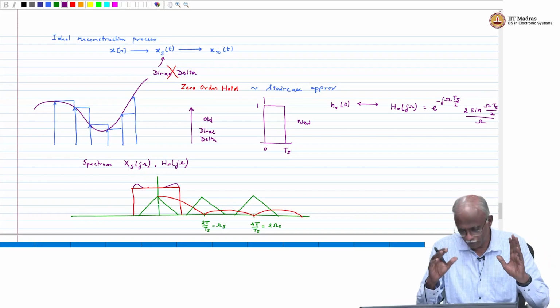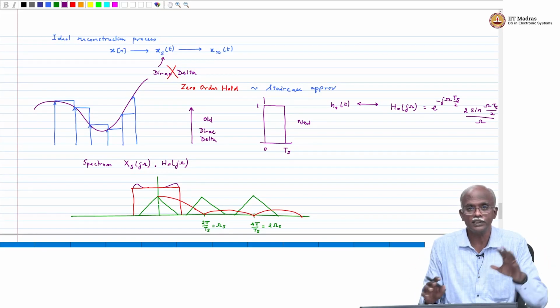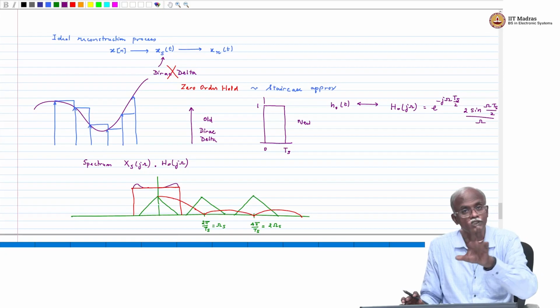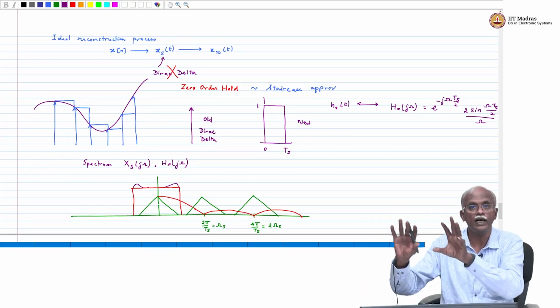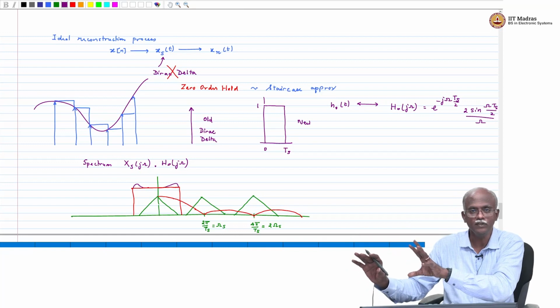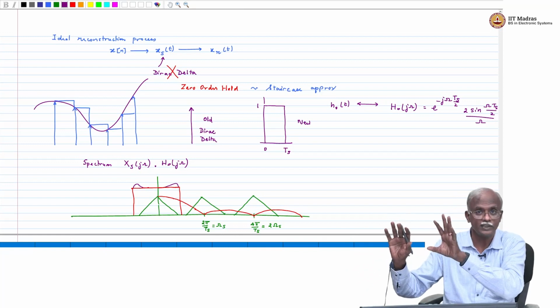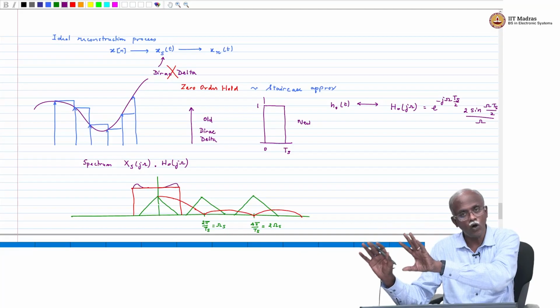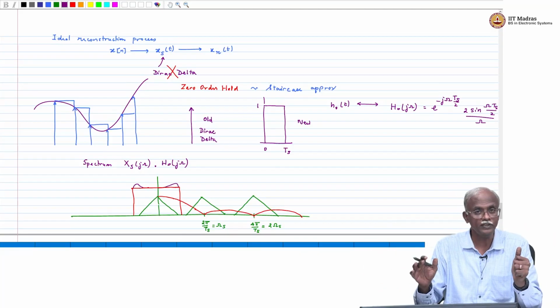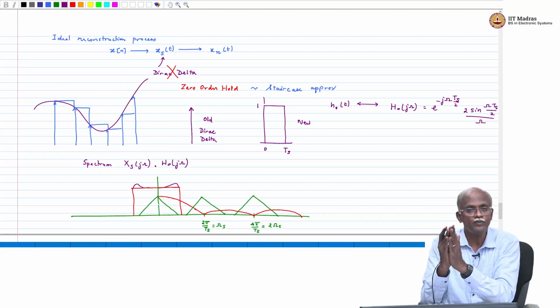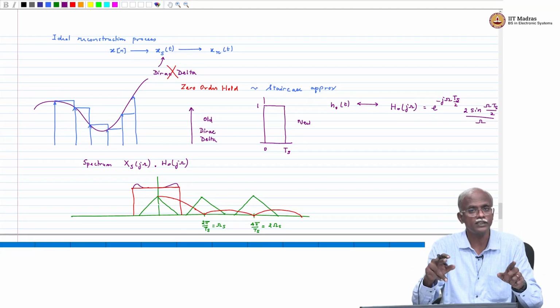So, the key points that we have talked about are the process of sampling, and what sort of spectrum is produced when you sample a continuous time signal. Assuming that you have satisfied Nyquist criterion, we can always go back to the continuous time by using a reconstruction filter. Now, if you have exactly satisfied Nyquist criterion, you need an ideal reconstruction filter.